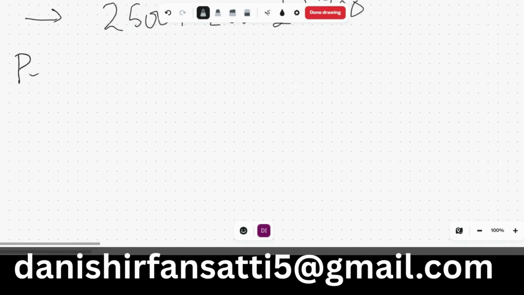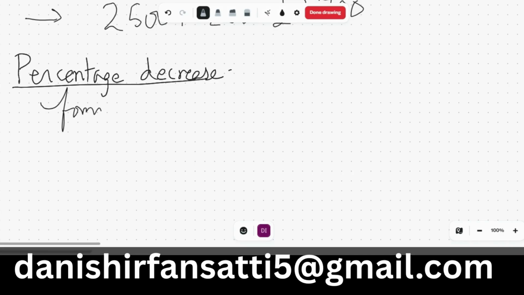Percentage decrease means the value becomes smaller. Formula is simple. Decrease is equal to original into percentage.